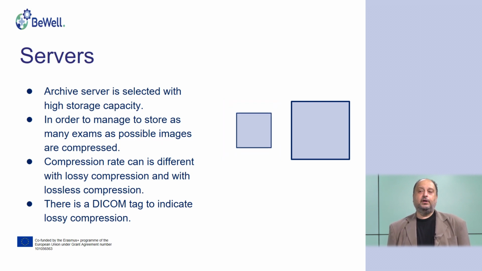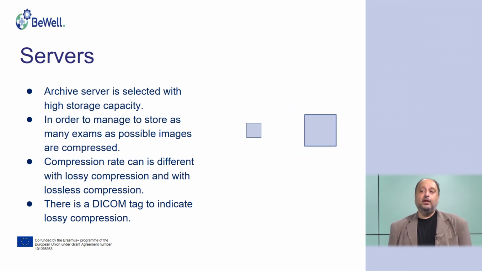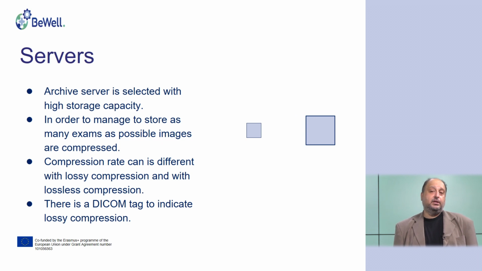You may have a higher compression rate, so to have a smaller file, but this is done with lossy compression, and you may have lossless compression, but then the file will have a larger size. And there is a special tag in DICOM to indicate that the compression that has been performed was lossy, and this tag shall not be changed.